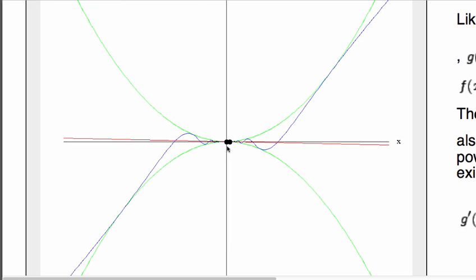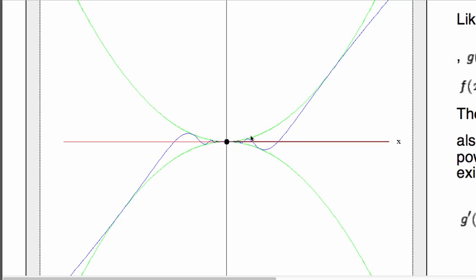So this would be a case in which for the green function, the limit as x approaches 0 is 0. Same for the blue function, the limit of the blue function as x approaches 0 is 0. And this red function that was in between, as it settles in between the blue function and the green function, its limit as x approaches 0 is 0 as well.